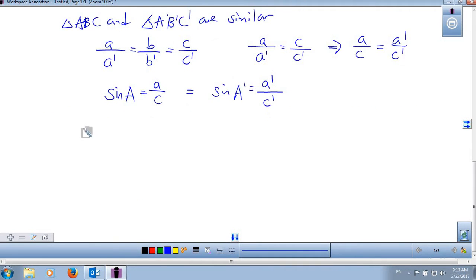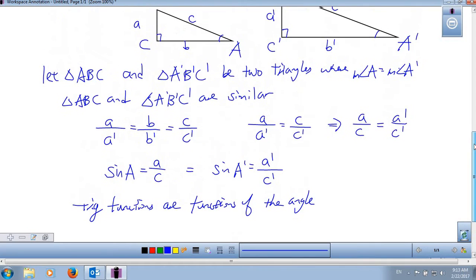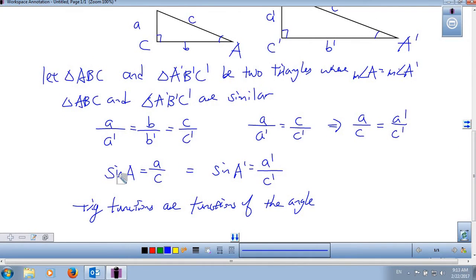So that means trigonometry functions, trig functions, are functions of the angle. And so we don't need to worry about the triangle per se. Let's say it's sine of 35 degrees.